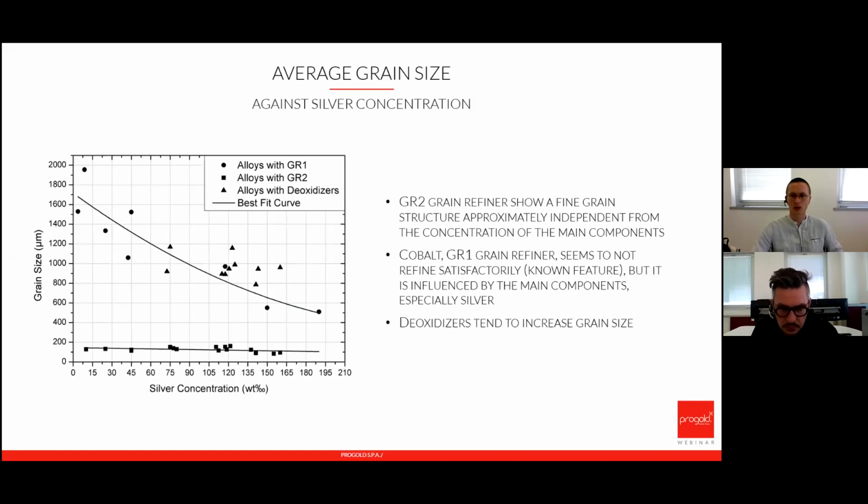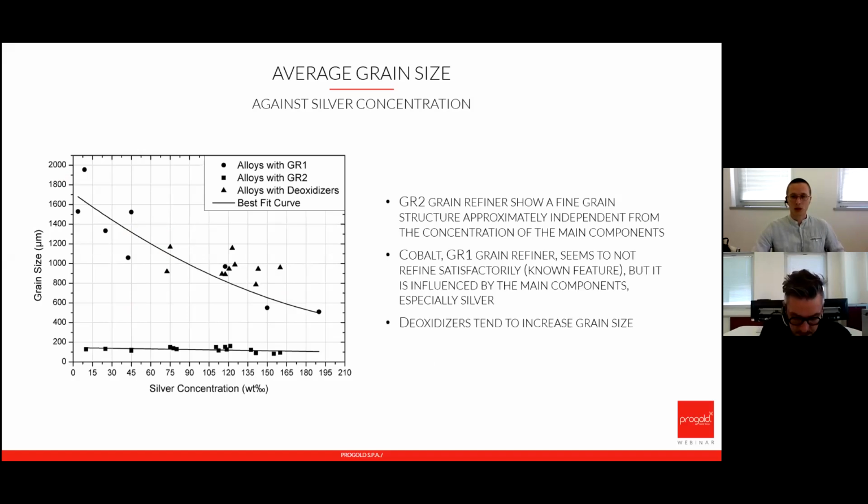So ProGold removed the alloy containing grain refiner 1. Firstly, because of its low efficiency during the solidification of the alloy, but also because it is a possible candidate for the toxic elements list.